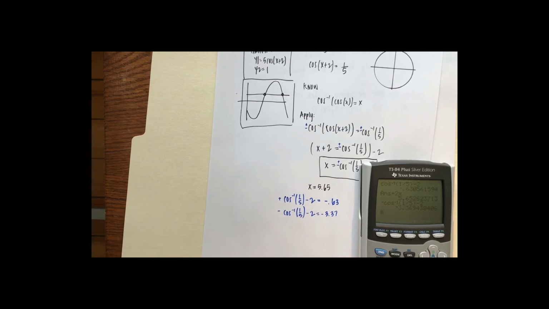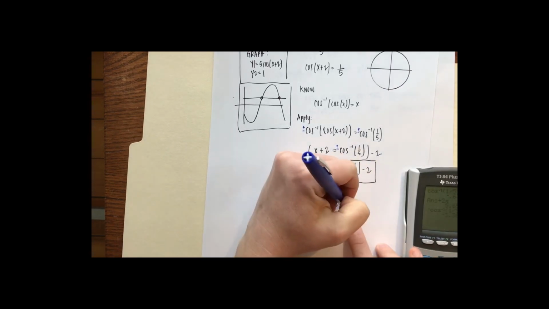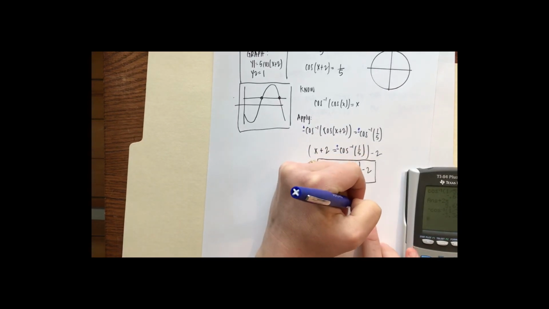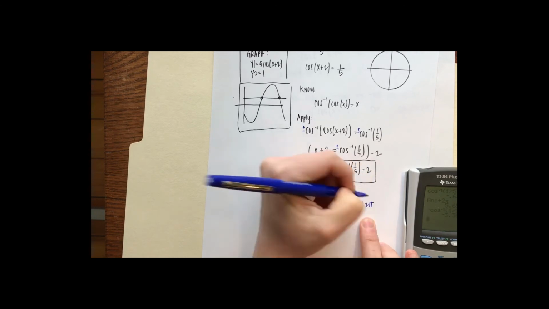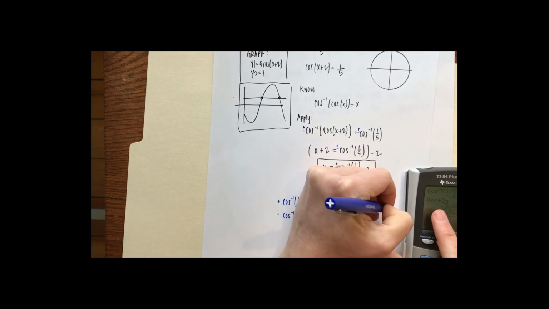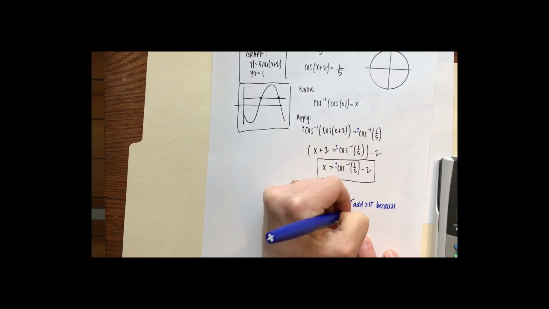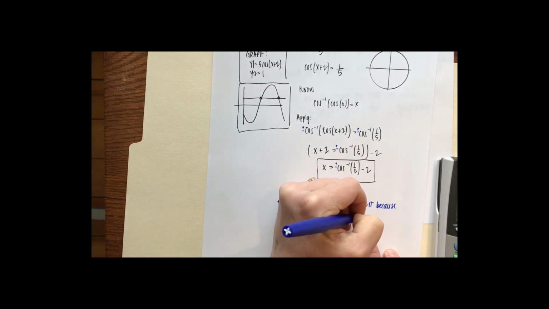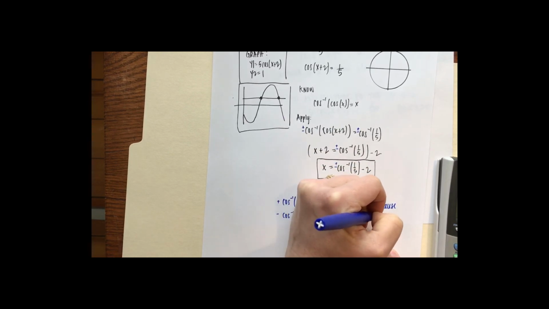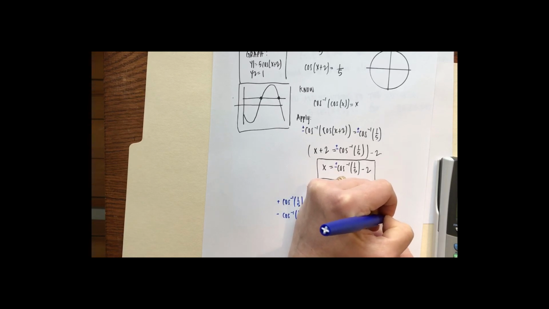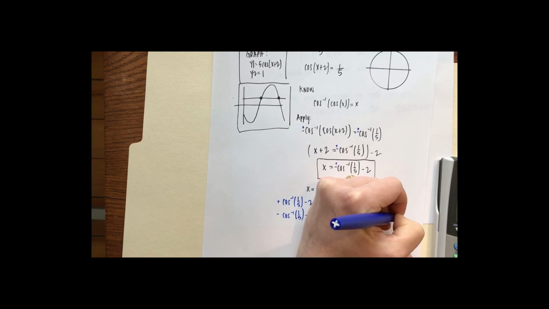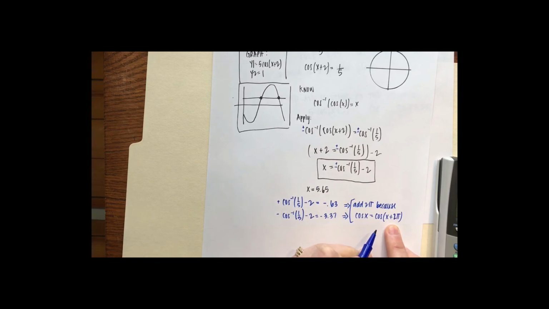All right, again, that's not in the interval of 0 to 2 pi. Since we know cosine is periodic, we're going to add 2 pi to both of these, and the reasoning is the same. Cosine of x is the same as cosine of x plus 2 pi. Anytime you take a value and add 2 pi, you come back to itself.